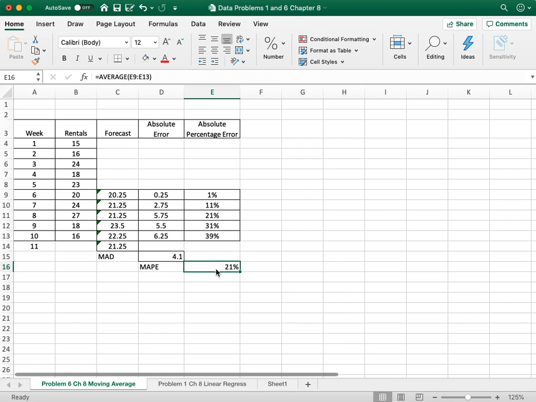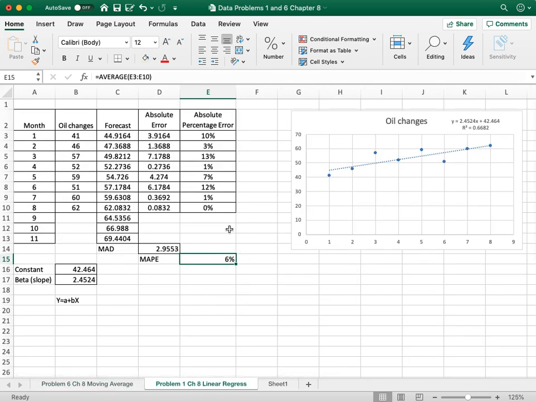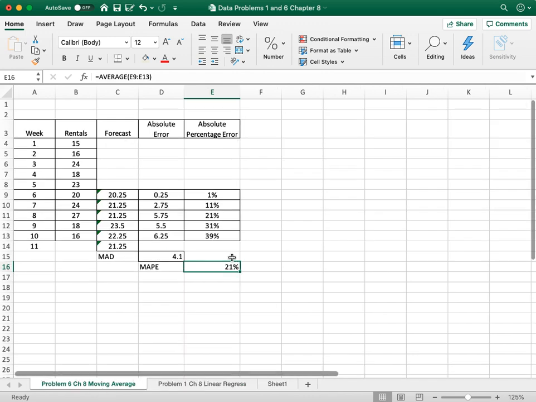So this is how wrong my model was. So I want this number to be higher or lower? Yeah, I want this number to be lower, right? So this model is wrong only 6%. This model is wrong 21%, right? So this model is a lot worse than this one in their own cases, right?